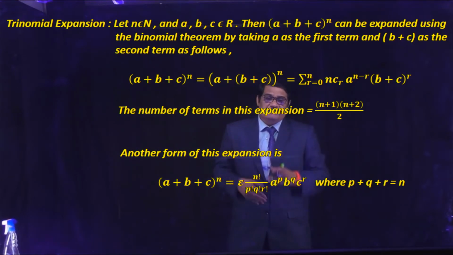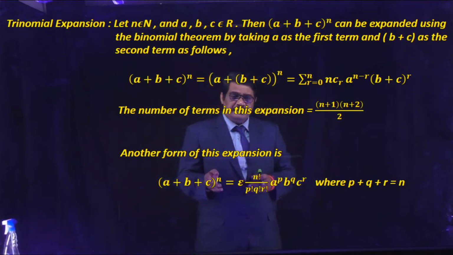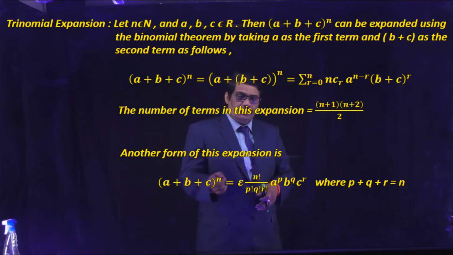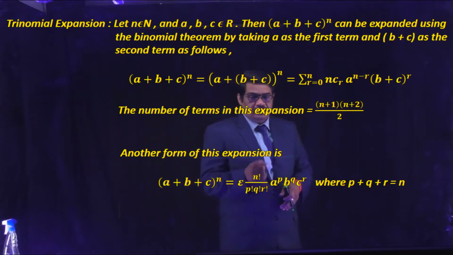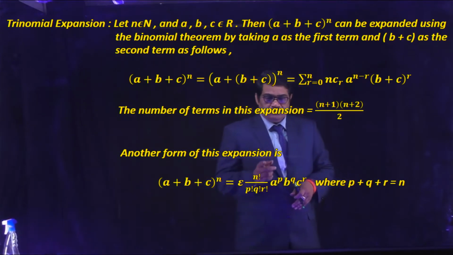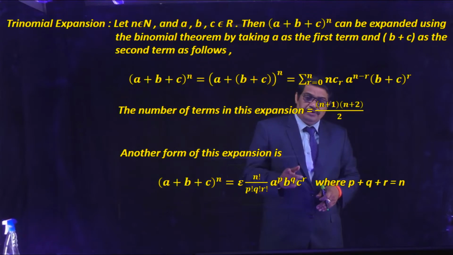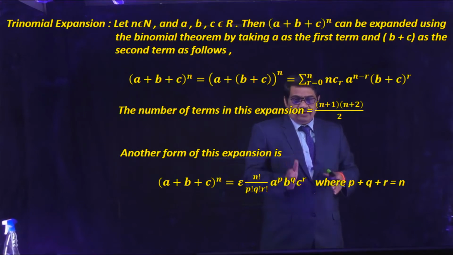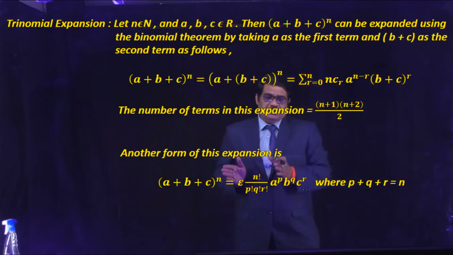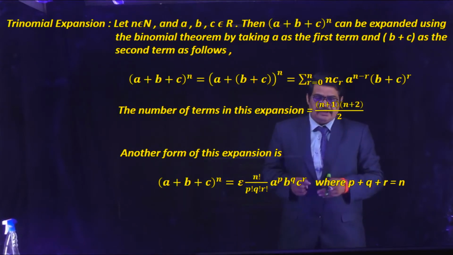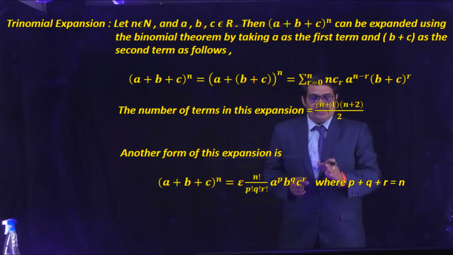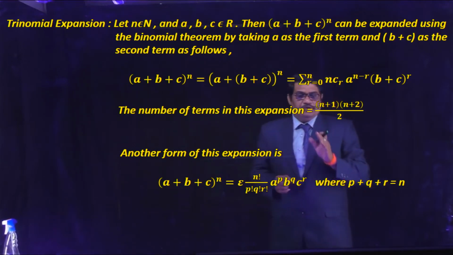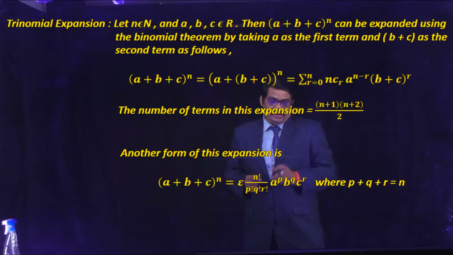Another form of this expansion is: (a + b + c)^n is equal to sigma n factorial by p factorial, q factorial, r factorial, into a^p, b^q and c^r, where p plus q plus r is equal to n.